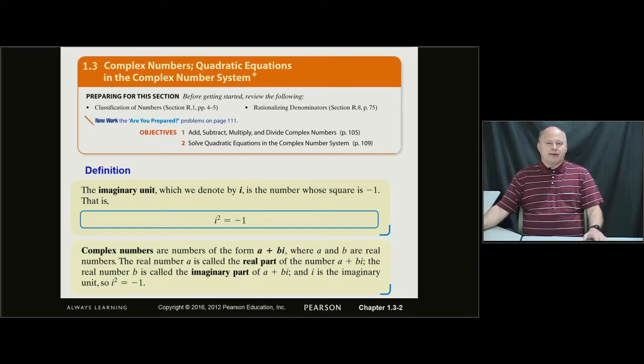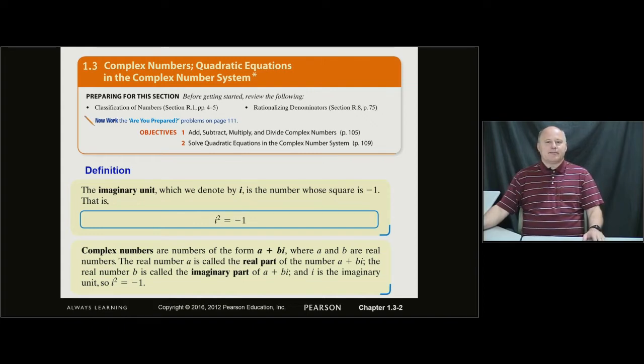So you can't combine them. You can't combine an a and a bi because they're not like terms. So a on its own is a real number. A bi on its own is an imaginary number. But when you combine them into one number, by adding them, it becomes a complex number.